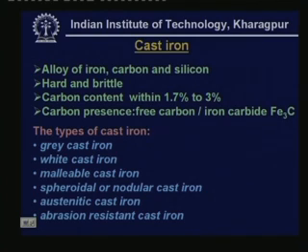However, we do have different types of cast iron available. What are those cast irons? They are grey cast iron, white cast iron, malleable cast iron, spheroidal or nodular cast iron, then austenitic cast iron and abrasion resistance cast iron. These 6 types of cast irons are generally used for engineering applications.